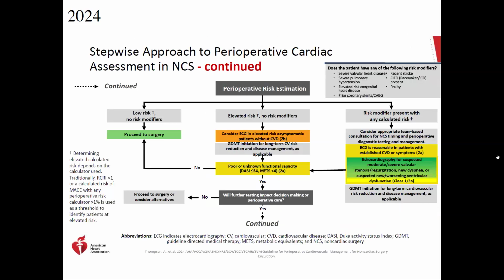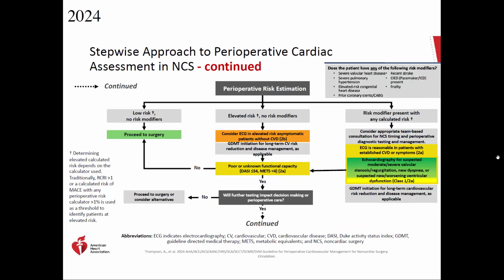And this is one where I was like, ooh, this is going to be hard to teach because it's a little overwhelming at first. But the bottom line is, if they have a risk modifier, no matter what the calculated risk is, they want you to go through here first. All right, so this is new.